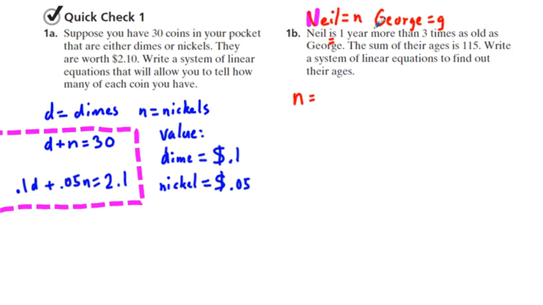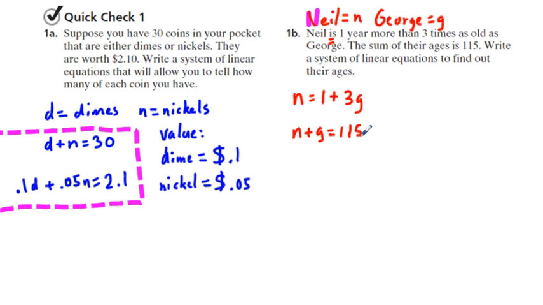One year more means 1 plus 3 times as old as George, so that'd be 3 times George's age. There's one equation. Then the sum of their ages is 115, so we could say Neil's age plus George's age equals 115.